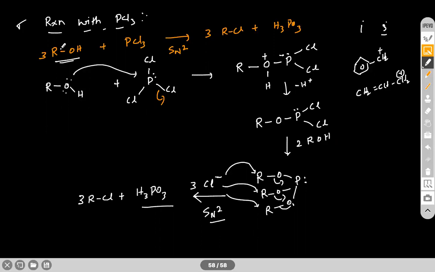Because you are only talking about the degree of alcohol, correct? 1 degree, 2 degree, 3 degree, you are saying. We have other factors also. We have the factor of nucleophile, right? We have what solvent we are using, right? We have other things also in this. So all factors you cannot apply in any reaction.